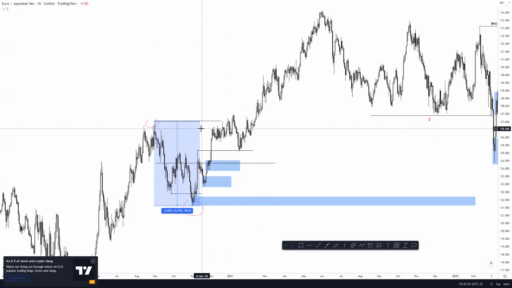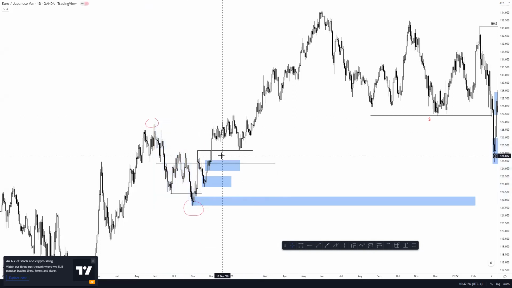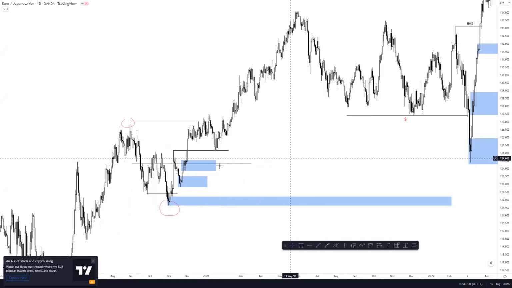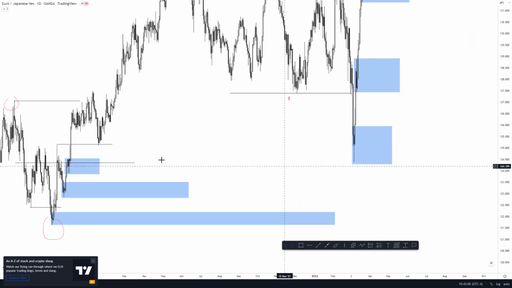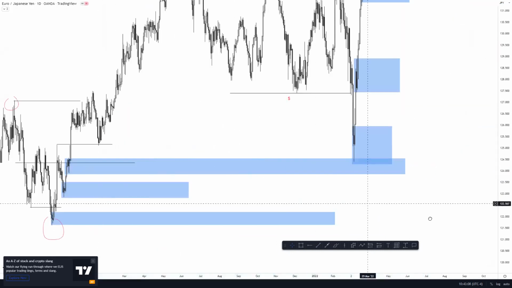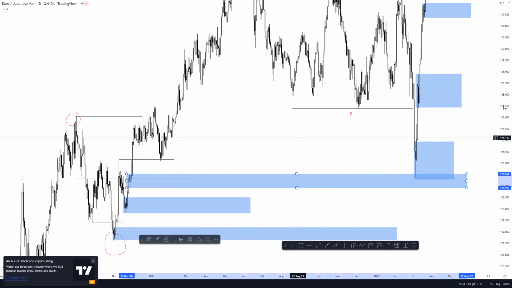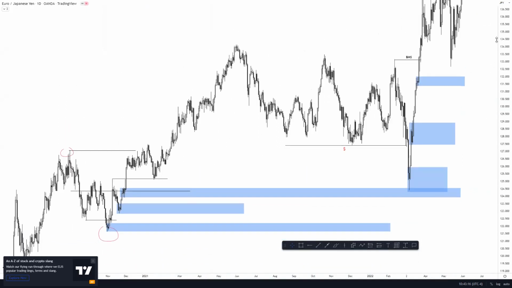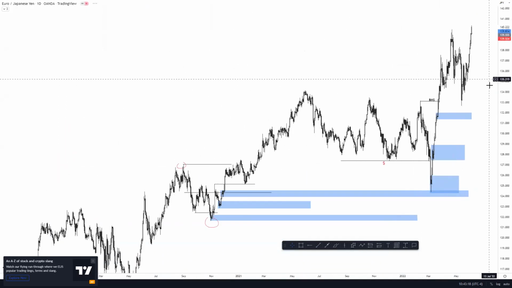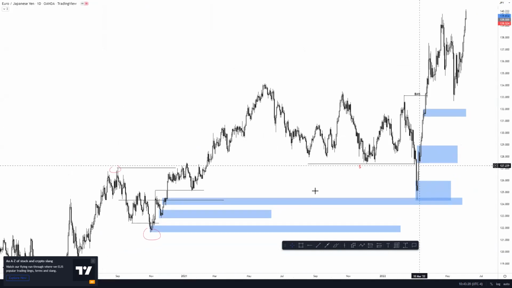I don't look for buys around anything above the 50% of the range. So this will be my point of interest, and this will be my point of interest. What next I will do, you can see price has come here, takes out this low as well and mitigated just this base, and boom, we have this big up move.